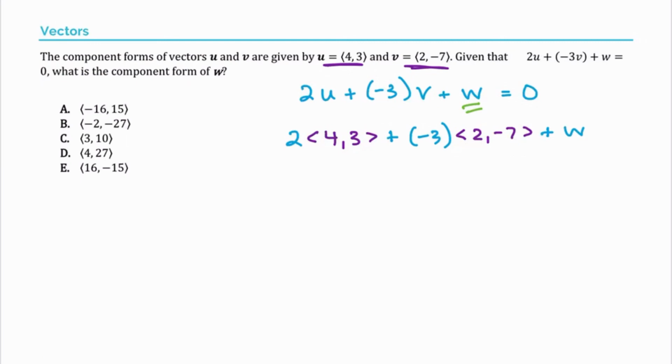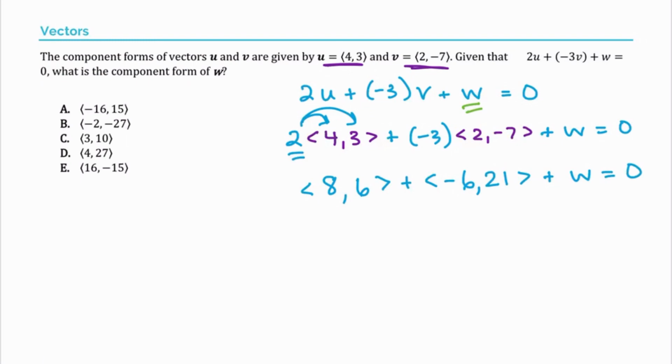I have that plus vector w equals 0. Now all you have to do is distribute the number to both. So 2 times 4 becomes 8, 2 times 3 becomes 6. Plus, negative 3 times 2 is negative 6, negative 3 times negative 7 is 21. Plus vector w equals 0.